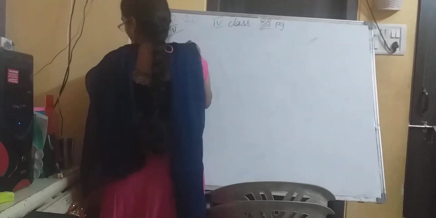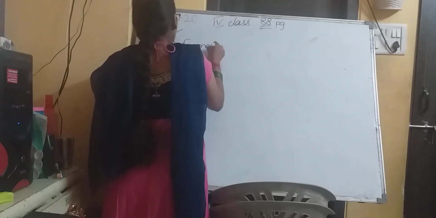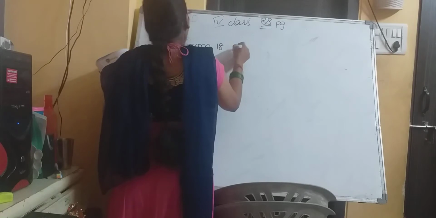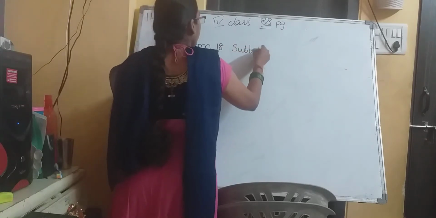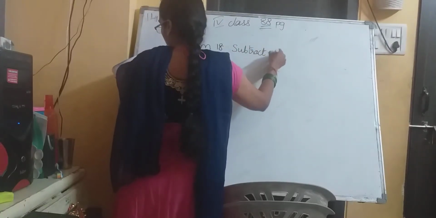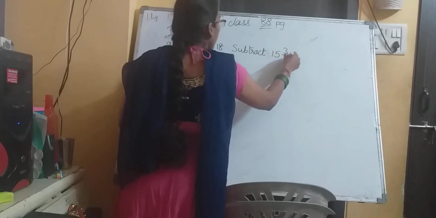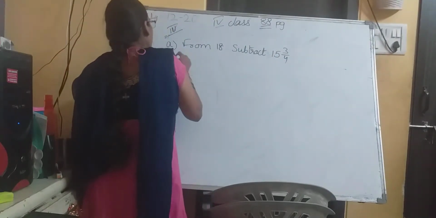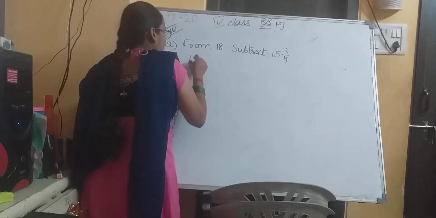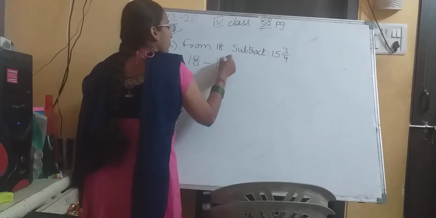A1. From 18, subtract 15 3 by 4. Okay, children, that is nothing but 18 minus 15 3 by 4.